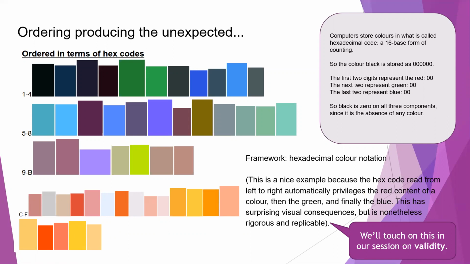Sorry, 6-byte code for color storage. You end up with this privileging of the first 2 of red. So the red content is red first and then green and then finally the blue. And it has some interesting visual consequences, as you can see. It's rigorous and replicable, but it's not really what you'd expect.